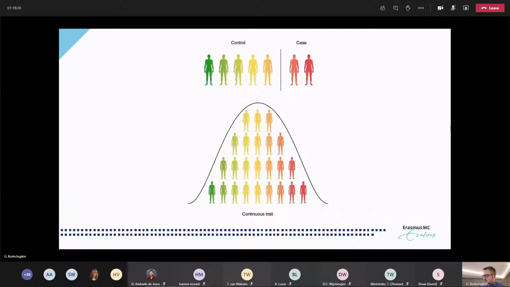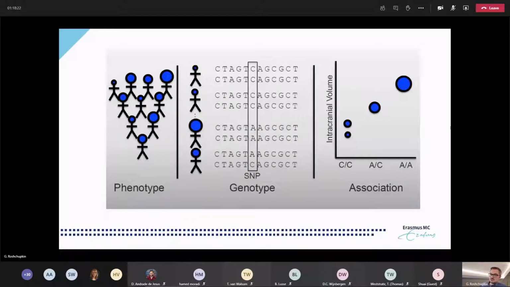Coming back to the simple example, instead of a case-control study, you can measure some phenotype, in this case head size, and do the same procedure to see which mutation is responsible for the difference in head size.